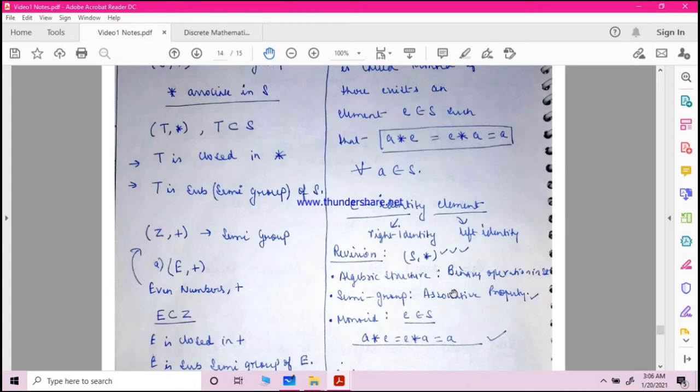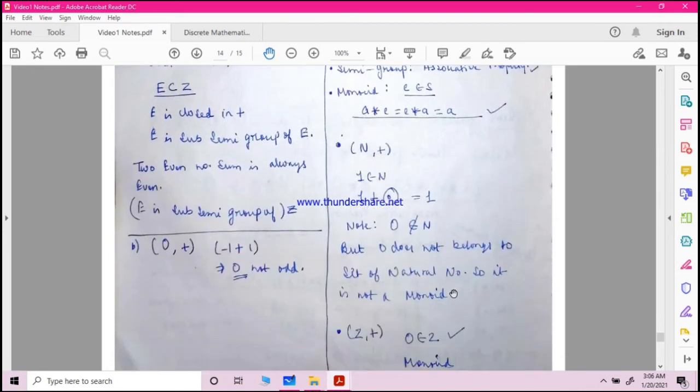So all these are examples that prove that the following sets are monoids or are not monoids. If there is a set of natural numbers and I'm performing addition, I'm getting a number that belongs to the natural numbers.